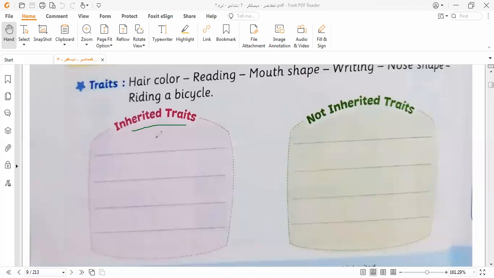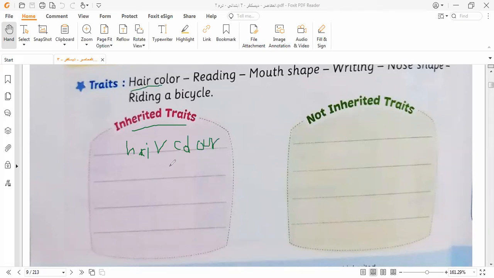Inherited traits, we know, are passed from parents to children. So let's see which ones come from parents to children. Hair color? Yes, you're right, hair color. Sorry, the handwriting is not clear enough, but I will try to make it clear. Another one.